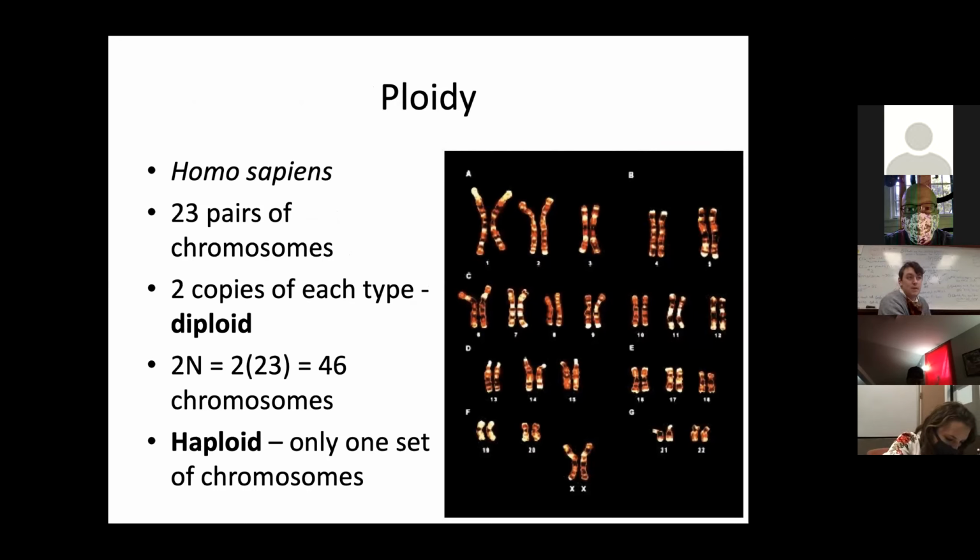In the case of the peas, we're also dealing with an organism that has chromosomes in pairs. When you have two copies of each chromosome, you're called a diploid organism. And we usually abbreviate diploid as 2N. That's why people say we have 23 pairs of chromosomes, or a total of 46 chromosomes.